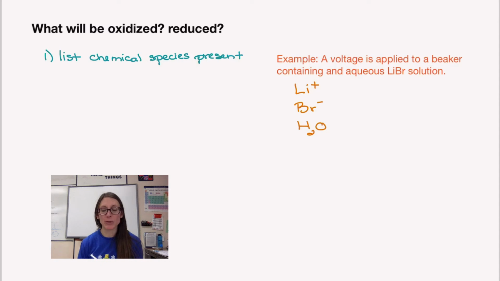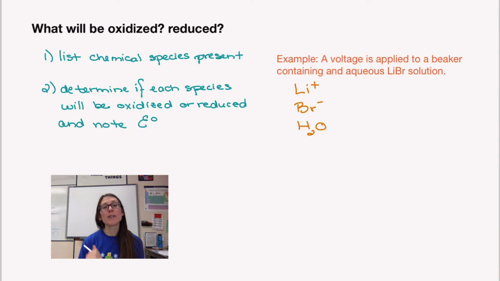So once you've listed your chemical species present, you're going to look at each one and determine whether it's likely to be oxidized or reduced and what the potential associated with that process, be it oxidation or reduction, would be. In our example, the lithium ion has a positive charge.